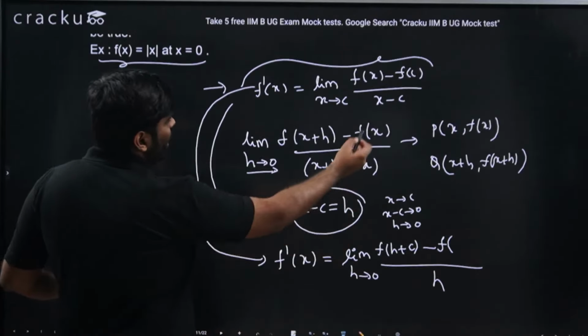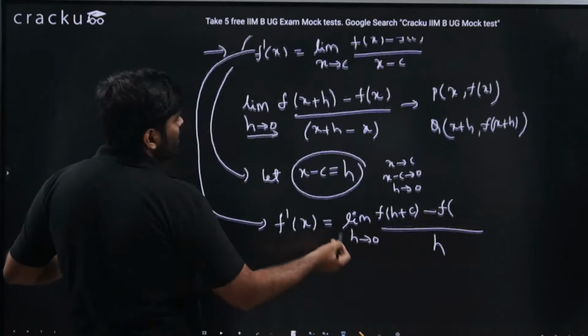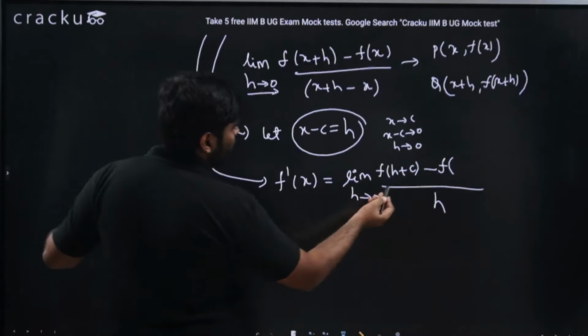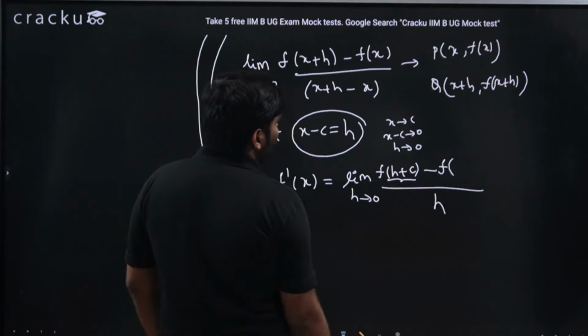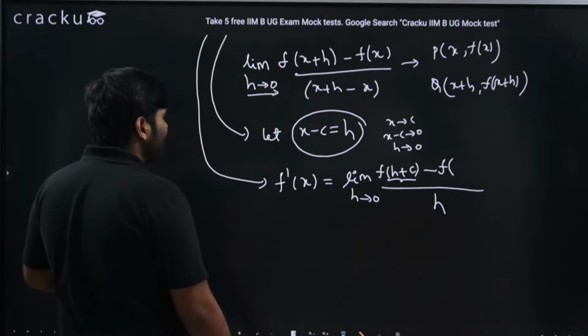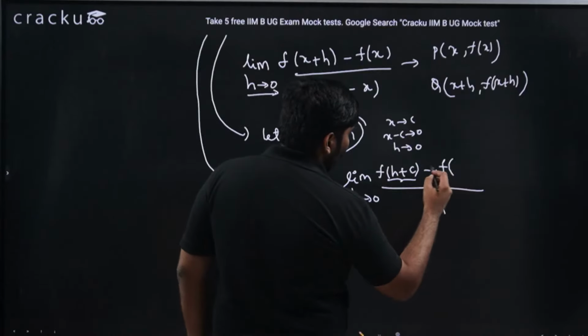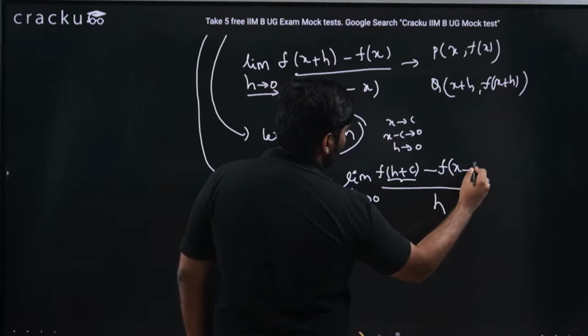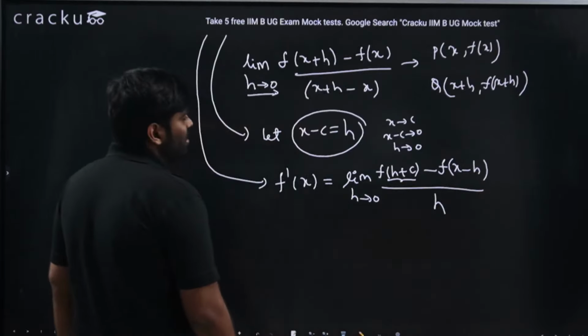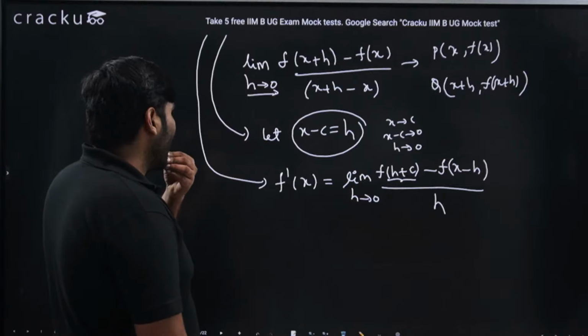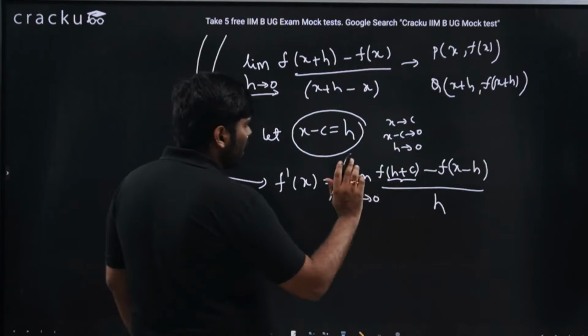But here, in f of x minus f of c, what is x? x is nothing but h plus c. Or we can also write c as x minus h. Now tell me guys, what happens in this particular case?